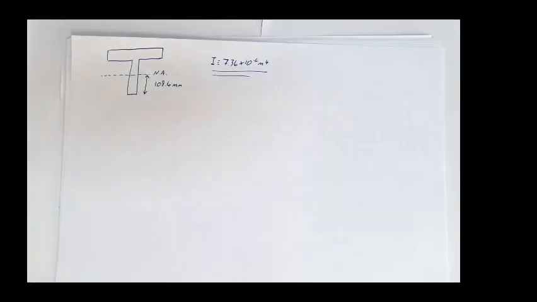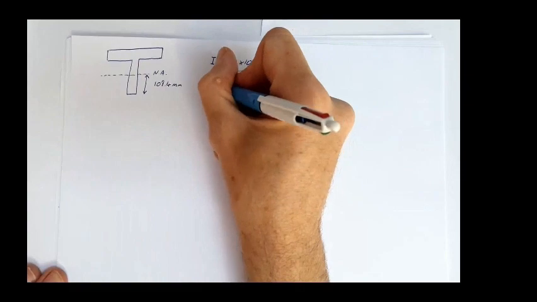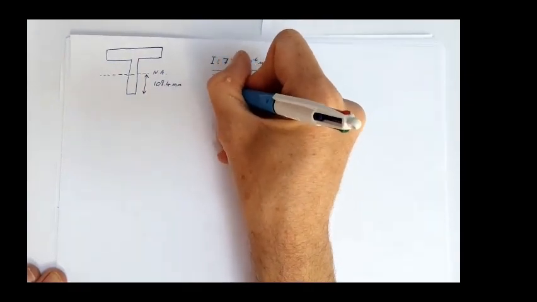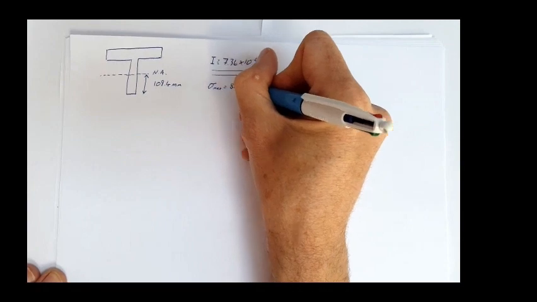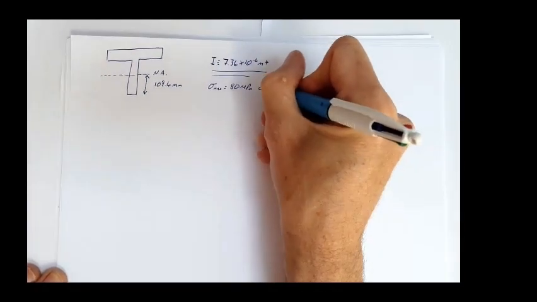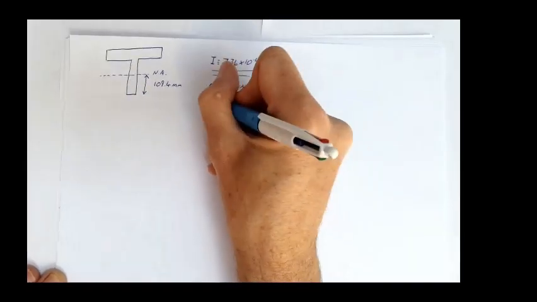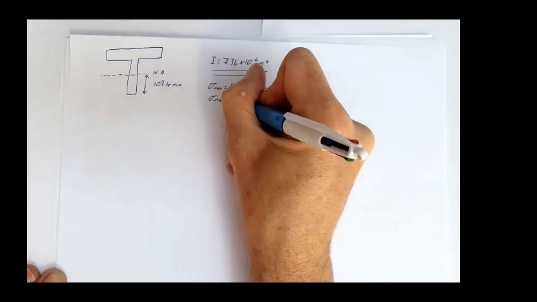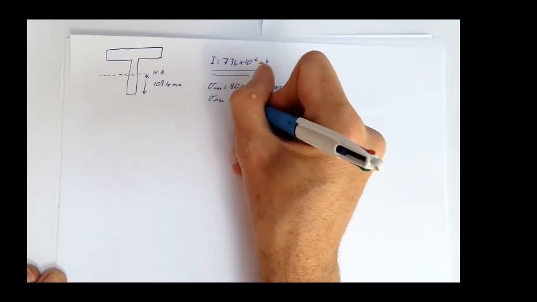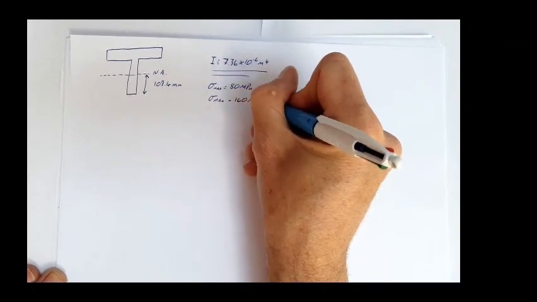So let's now try and answer this question. What does the question actually ask us? The limiting bending stresses of the material for the beam are 80 megapascals in compression. Okay, so stress max equals 80 megapascals in compression, and sigma max equals 160 megapascals in tension.